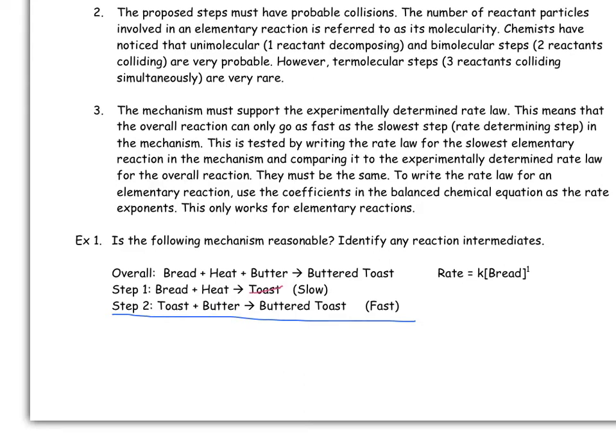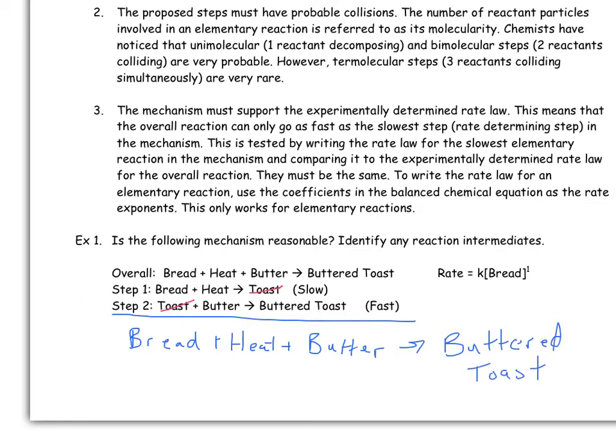I have it as a product and I have it as a reactant, so they subtract and cancel each other out. I am left with bread plus heat plus butter produces buttered toast. So test 1 works.